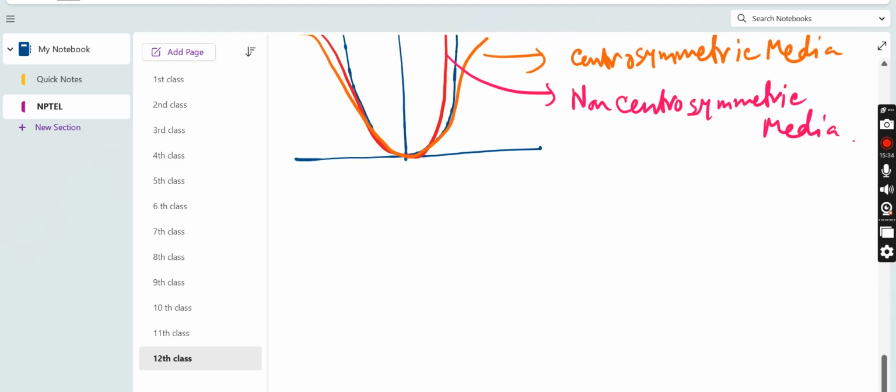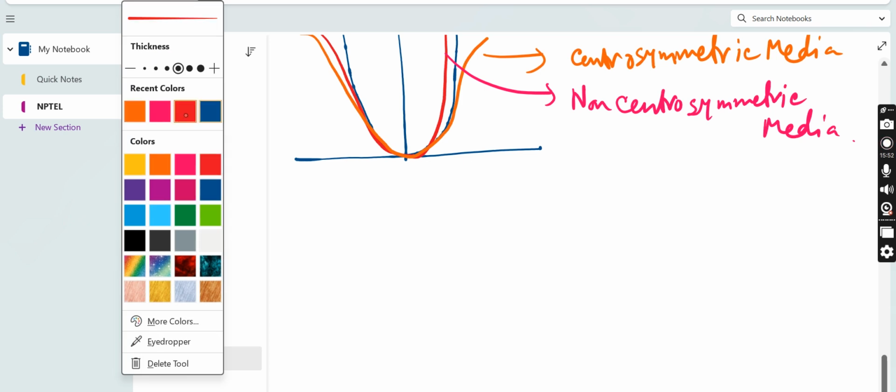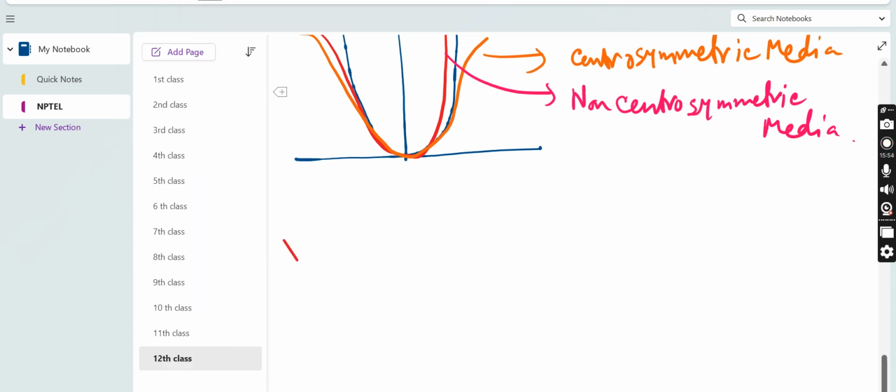So when the media is non-centrosymmetric, we get both odd and even order polarization.